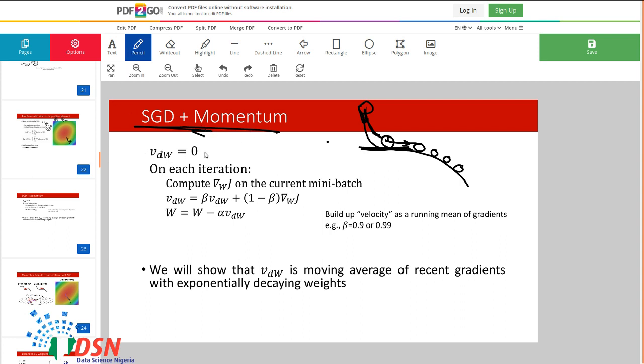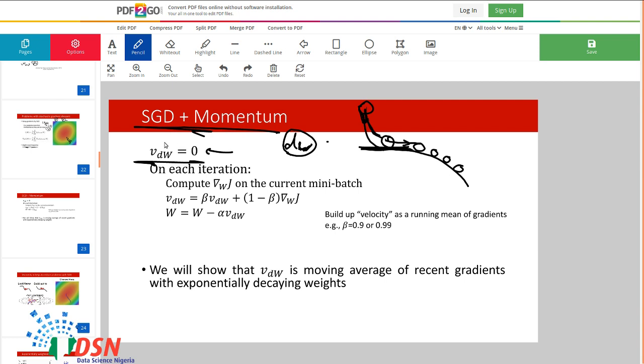So we initialize the momentum with 0. We could think of momentum as the velocity, and we denote the change of W with dW.